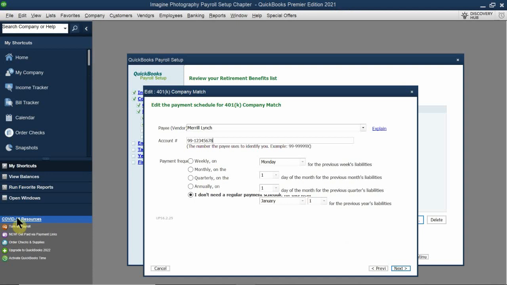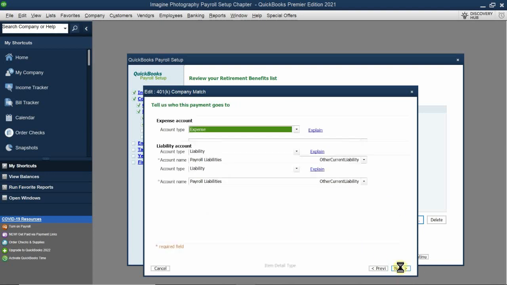All right? And then again, do not schedule anything just because every person's 401k plan is going to be different, right? Not everybody's going to want a 401k plan. Okay? And not everybody's going to make the payments every single time. So again, it's also another per case scenario. Okay? So do not schedule next.